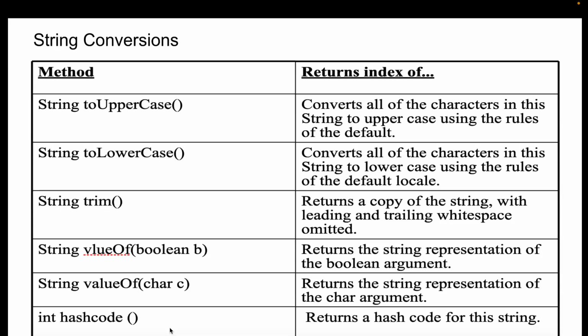So if I call a hash code method on a string, it should return me the same value each time. So that means that two equal objects must always have their hash codes equal. So this is the condition of a hash code.